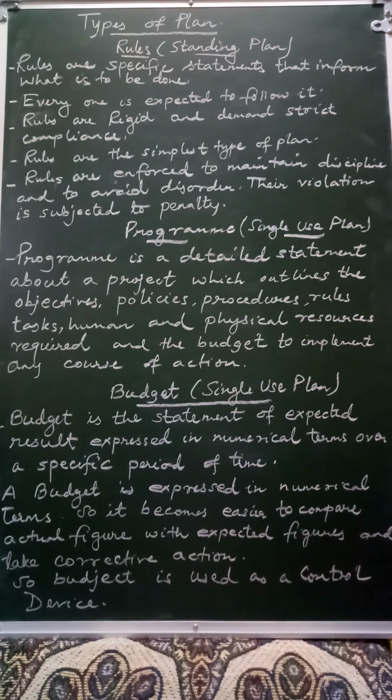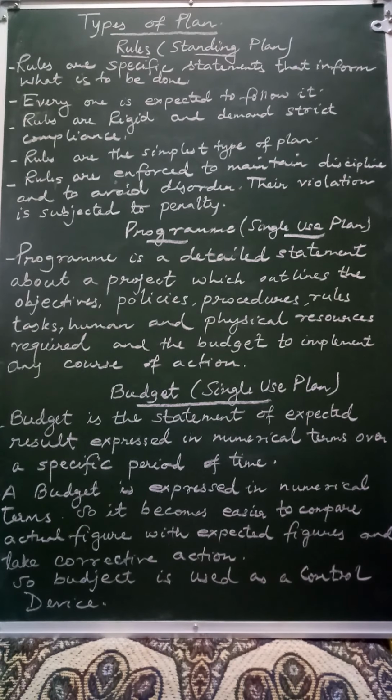In the previous videos, we have discussed the different types of plan, in which we have discussed single use plan and standing plans. Then we have discussed objectives as a plan, strategy as a type of plan, policy as a type of plan, procedure as a type of plan, and methods as a type of plan.